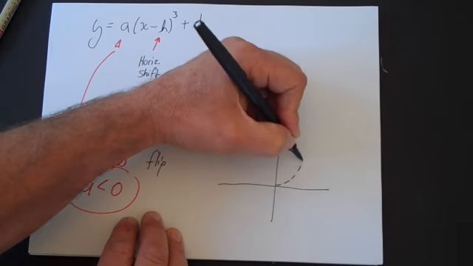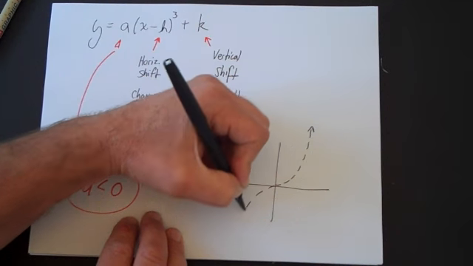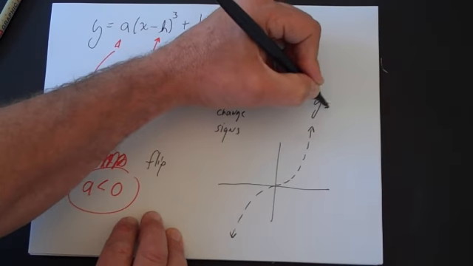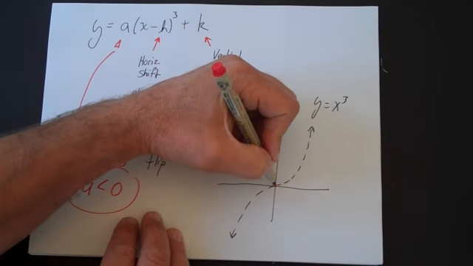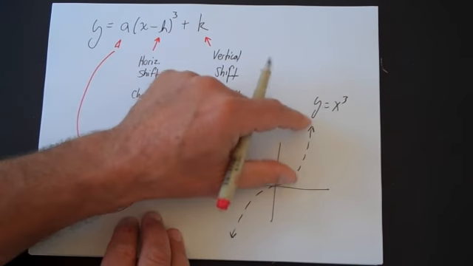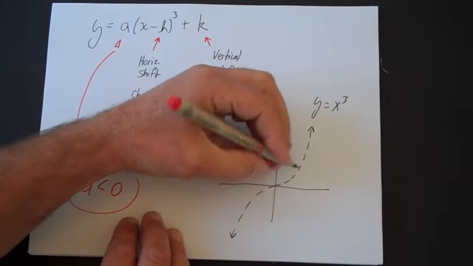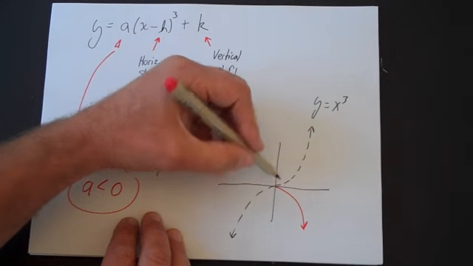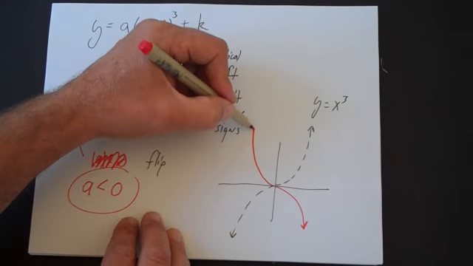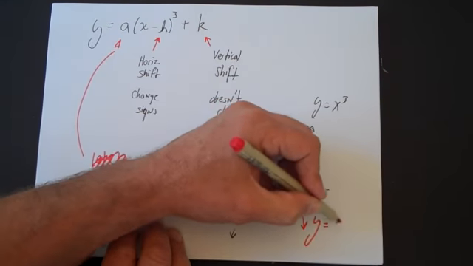If this is y equals x cubed, and you put a negative 1 in front of it, this part is going to flip across the x-axis, so that's going to look like that. And this side's going to flip this way. So that's going to be y is equal to minus x cubed.